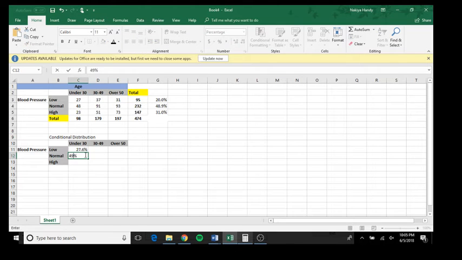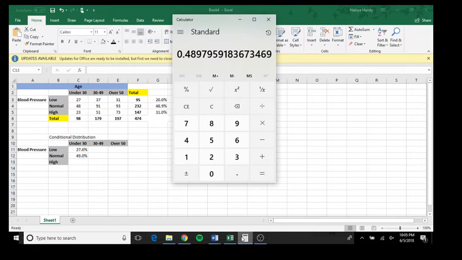So we're going to do 49.0%. And for high, we're going to do 23 divided by 98, and we're going to get 23.5%.